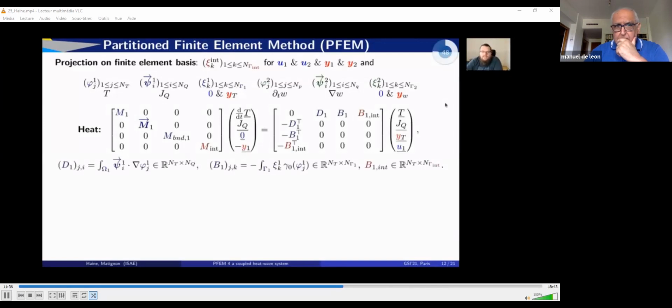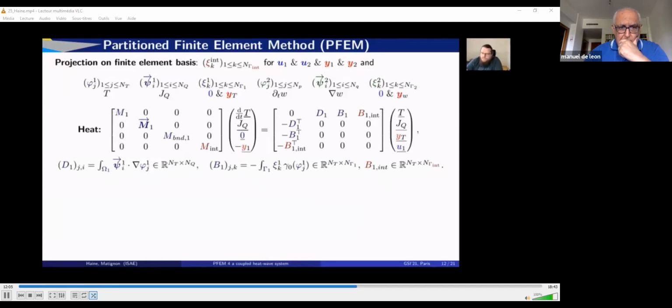So projecting the weak formulation of the heat equation, we obtain this algebraic structure. On the left-hand side, you have a block diagonal matrix given by the classical mass matrices of these finite element families. And on the right-hand side, you obtain a very sparse skew-symmetric matrix, where D1 is given by the gradient.